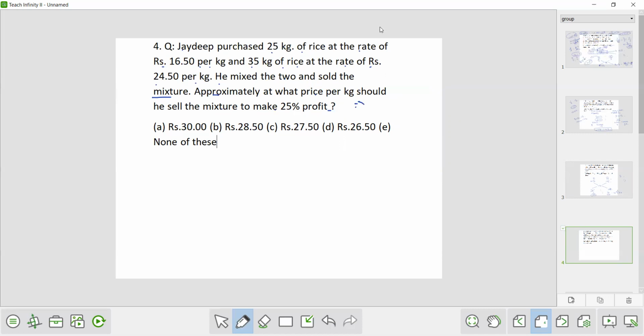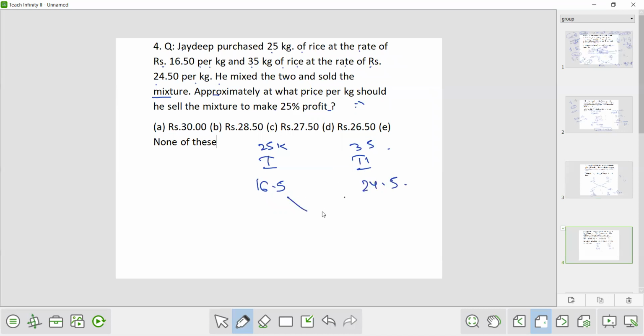Again, we see here that two quantities of rice are mixed and the resultant is sold at a certain price. So again the mixture and alligation will apply here. The first quantity of rice is 25 kg. The second quantity of rice is 35 kg. What is the rate associated with the first quantity of rice? 16.5 per kg. What is the rate associated with the second quantity of rice? That is 24.5 per kg.